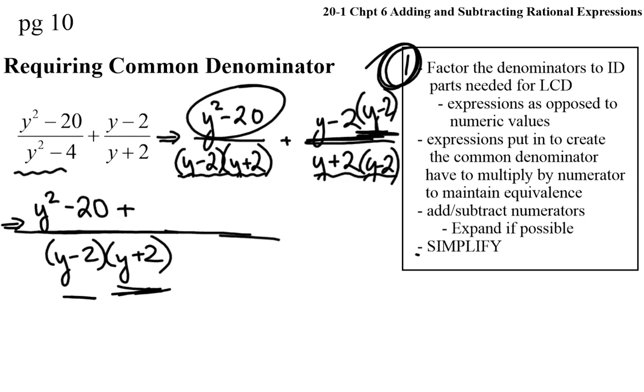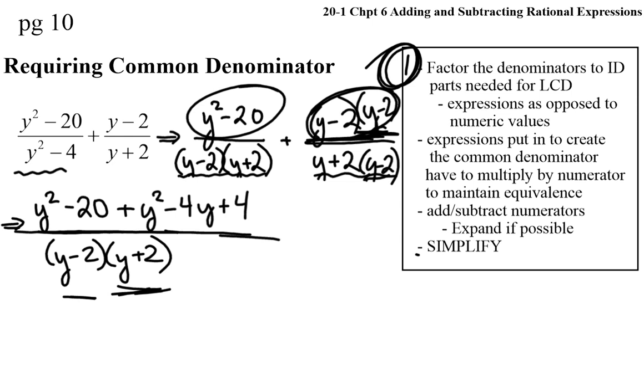But now we had to multiply by y minus 2 over here, so I need to do the simplification. Y minus 2 times y minus 2, show your FOIL steps, but it'll work out to be y squared minus 4y plus 4. So we get big polynomials, lots of steps in these questions.